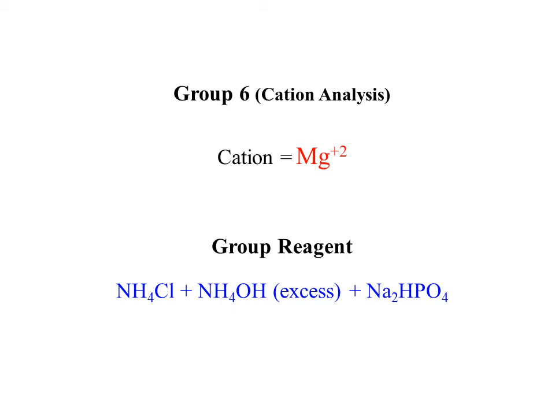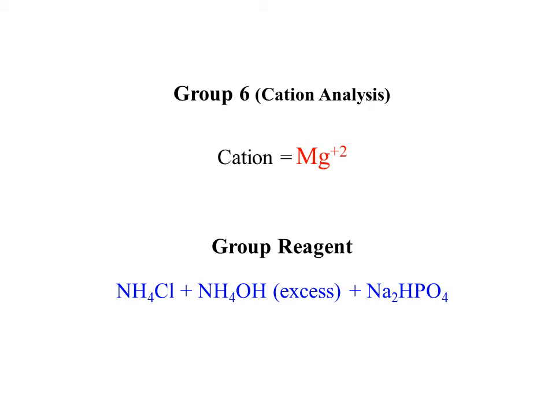So these three are the group reagents of group 6 for the cation analysis of Mg2+. It was not mentioned in that video because of some technical issues, a problem in the video recording at the later part, and hence it has been incorporated separately here.